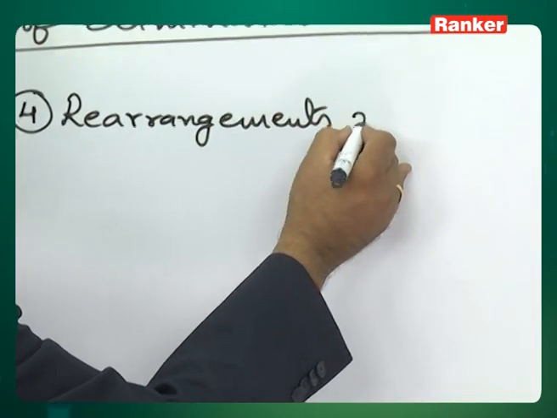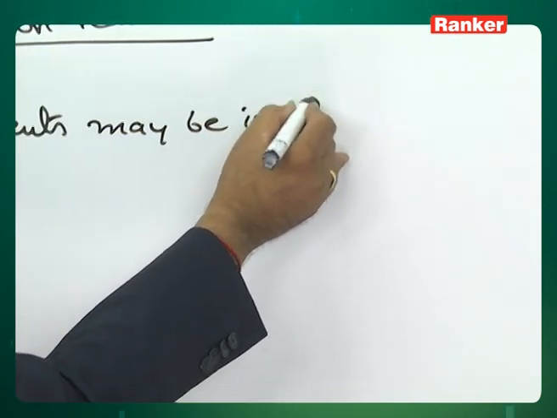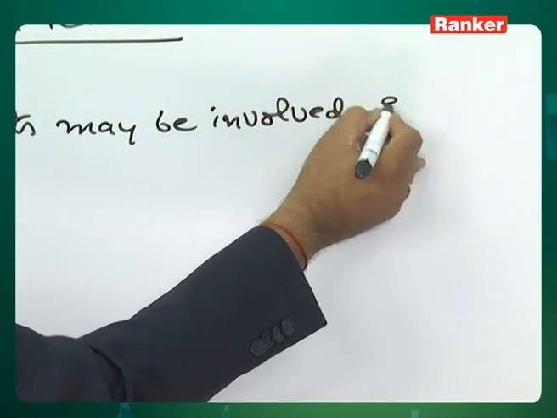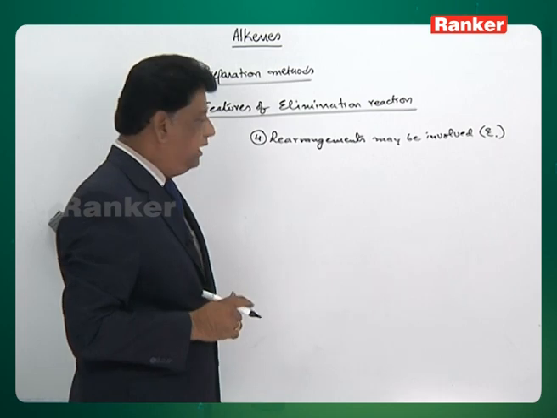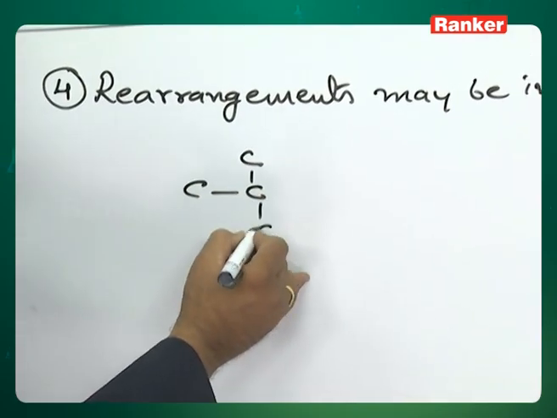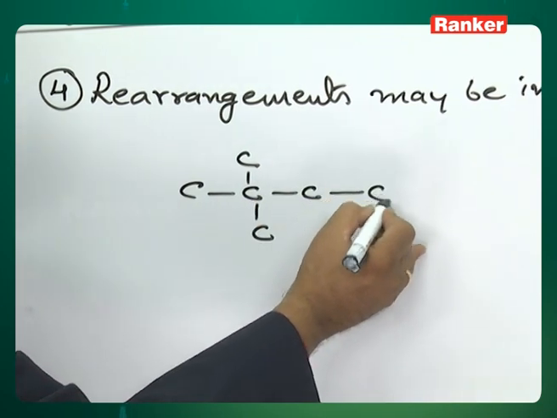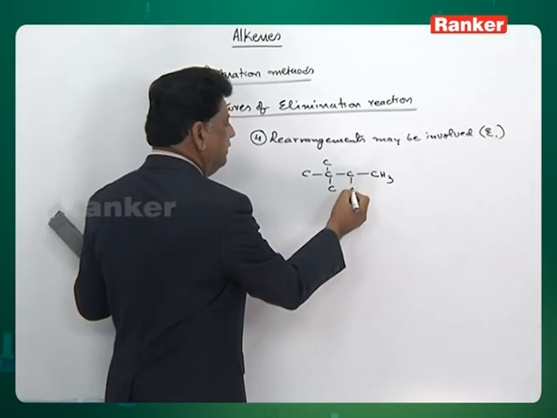So, another feature is that rearrangements may also be involved, especially in which type of mechanism? In the E1 mechanism. In the E1 mechanism, rearrangements may be involved. For example, if the compound has a tertiary butyl on one side and a simple CH3 on the other, and a Cl is there.